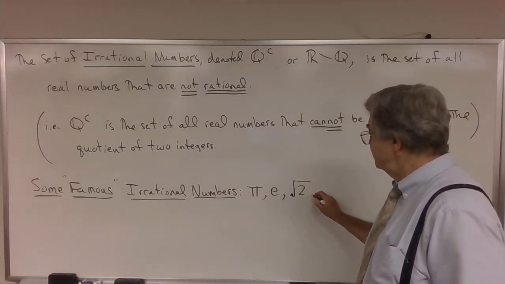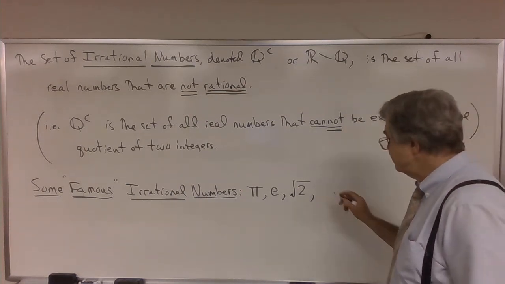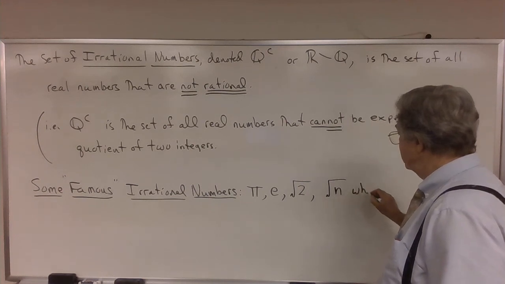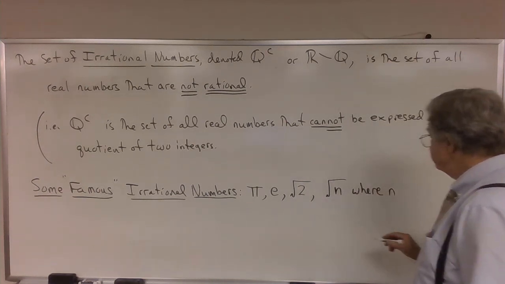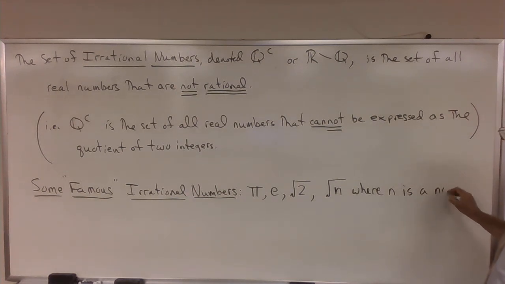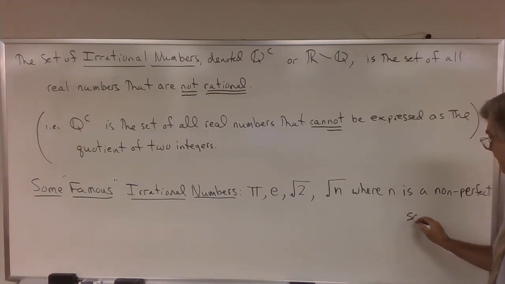Square root of 2 is an irrational number. And square root of n, where n is a non-perfect square.